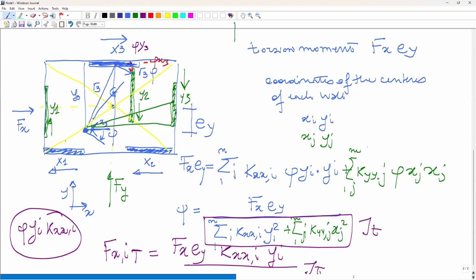This contribution of the force must be algebraically, according to what we have said, combined with the one that comes from the force equilibrium.